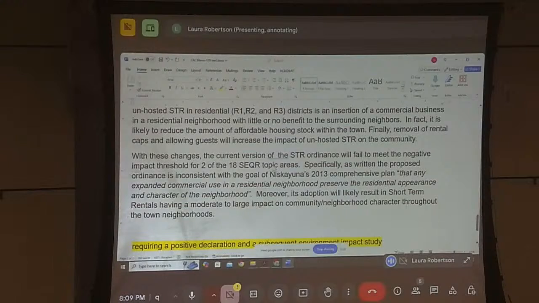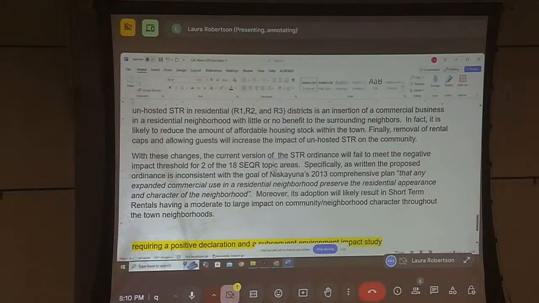I made a change. We need to work that out. But what I wanted to say was we were concerned about affordable housing when the unhosted short-term rentals were in the CN and the RP district. And by expanding it to all districts within the town, that sort of makes that concern even more, because it's going to be more impactful to a wider part of the town.